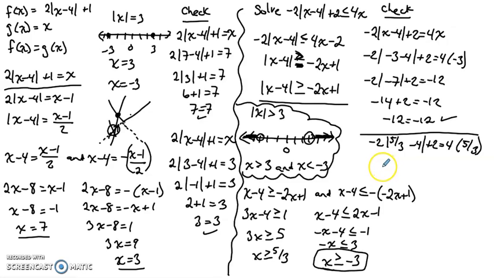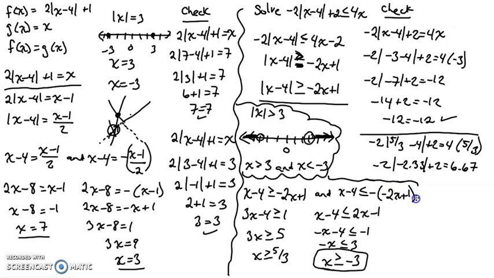This becomes negative 2 times the absolute value of 5/3 minus 4, and I'm going to change this into a decimal now. We get negative 2.33 plus 2 equals 4 times 5/3. Again, I'll change that into a decimal. It's 6.67 when I do that multiplication.